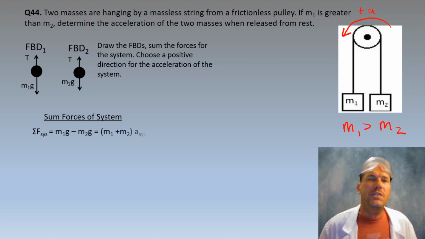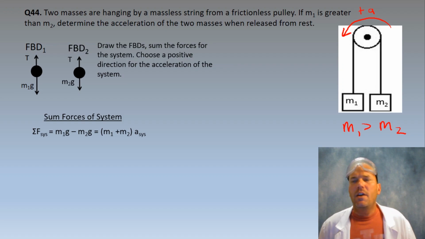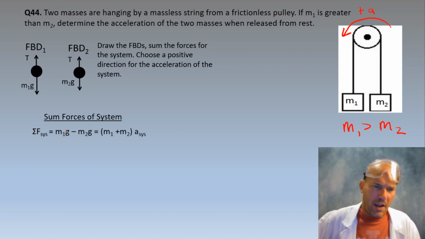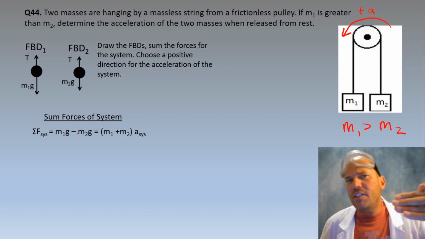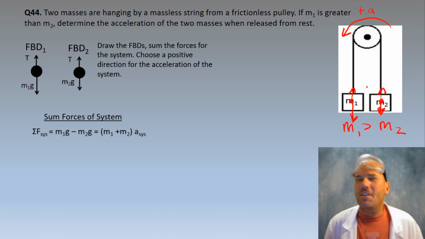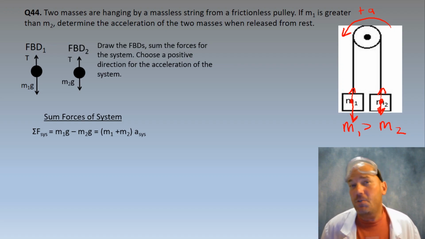If we sum the forces for the system, remember our positive direction. We're going to have M1 multiplied by the acceleration due to gravity. What's slowing the system? This guy here is slowing the system. This is the driving force for the system. And our forces of tension are actually going to be equal and opposite, equal in magnitude, opposite in direction throughout this entire string.